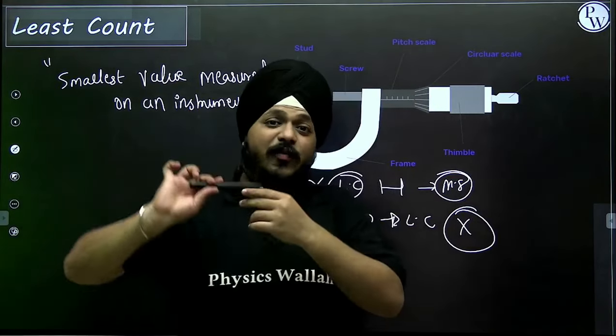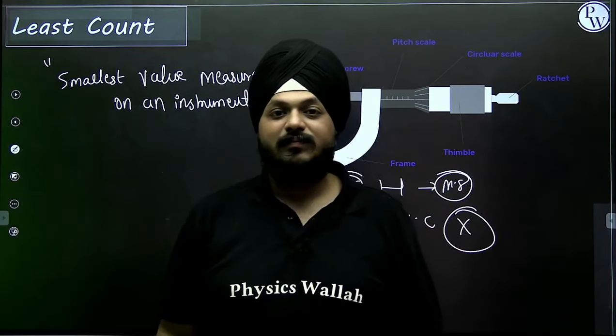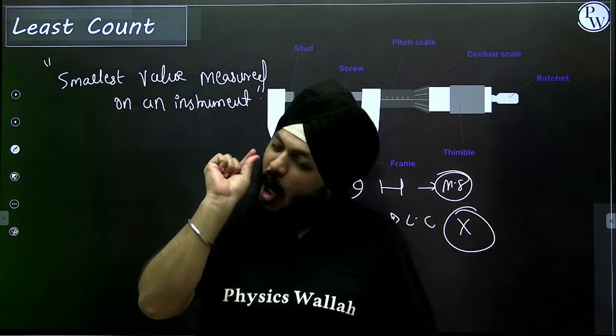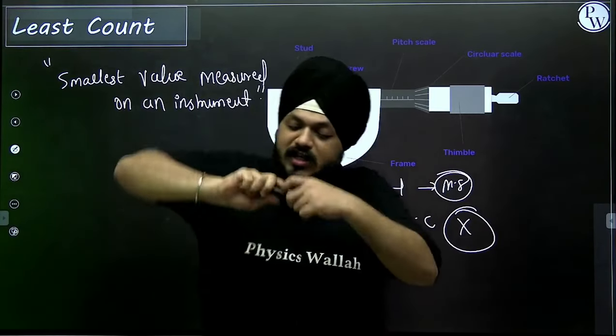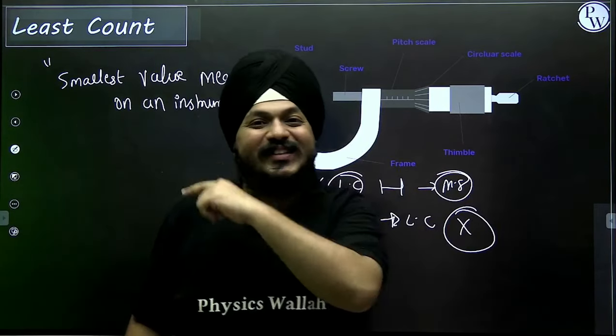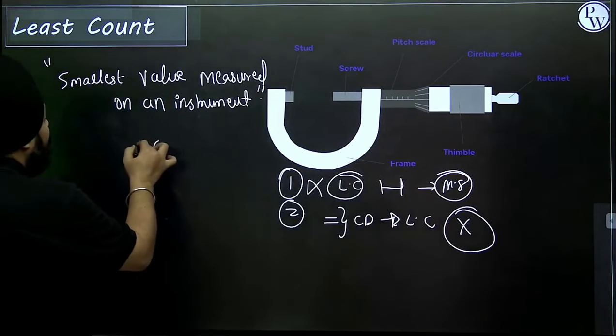So can I say, when I was just about to start the rotation? One complete rotation is the pitch. When I was just about to start, the linear distance covered is known as the least count. So what will it be?